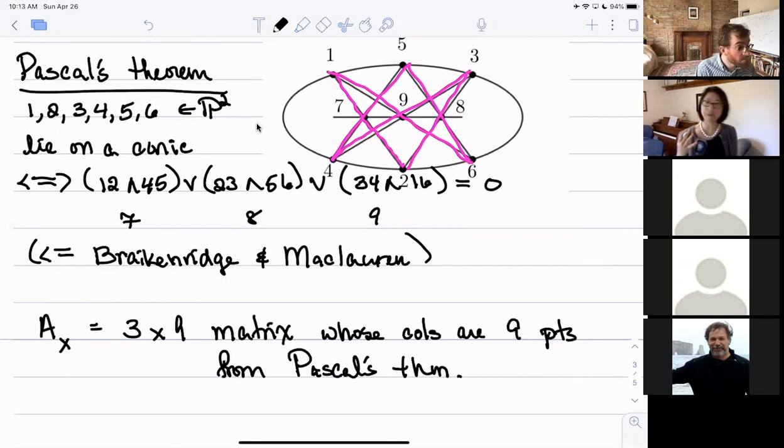So there are 6 points lying on a conic, and then the 3 points 7, 8, and 9 that are the collinear conclusion of Pascal's theorem.